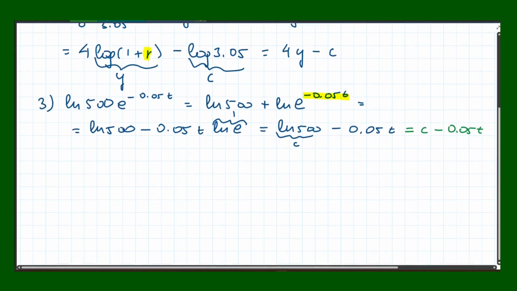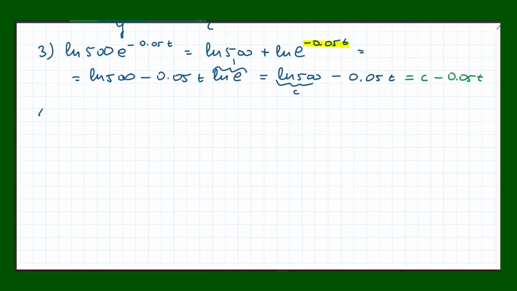Let's make a bit more space and move on to question number 4, which is log 2.5 bracket open 1 plus 0.085 over n to the 5n. Okay, what's going on in here? Well, we have got a multiplication between 2.5 and the bracket, so let's apply that log rule.